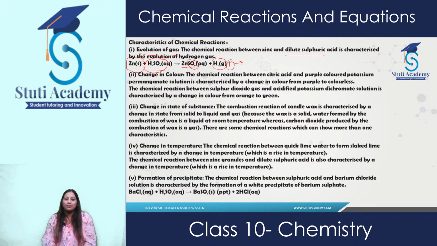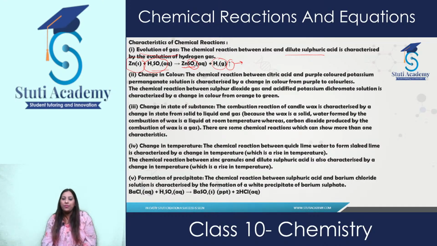Next characteristic of a chemical reaction is change in color. We observe that when two or more substances combine together, it results in the formation of a new substance, and sometimes the color of that product is entirely different from those of the reactants.